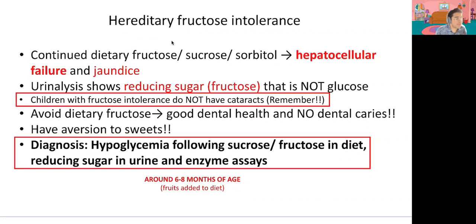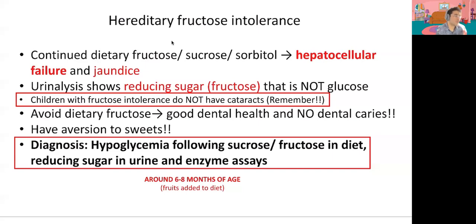If you have excess accumulation of fructose 1-phosphate, you don't know what to do with it, so it's pushed into one of the minor pathways and converted into a sugar alcohol, which can have downstream effects on your eyes. Hereditary fructose intolerance can lead to hepatocellular failure, jaundice, and multiple other things.